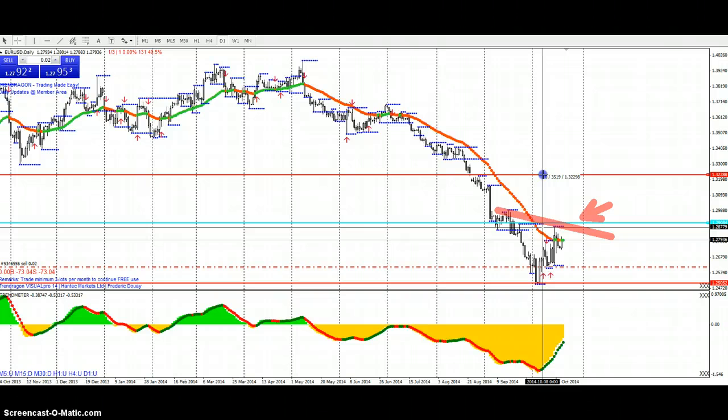That will get us right to about that level of the red line here, which will be the 50% retracement on the weekly chart.